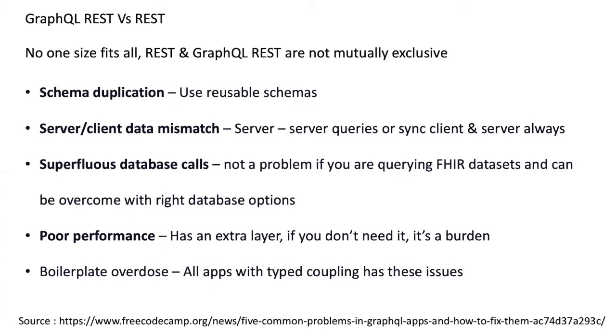There is also this problem of poor performance, but however, I think it is not as much a problem. Poor performance in the sense that you make a REST call and you hit the server and you get what you want. In this case, what is happening is you make a REST call, it's going to a GraphQL endpoint, then GraphQL internally does all its manipulations on the data layer.